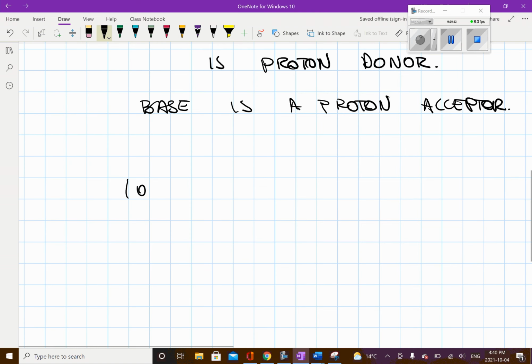So if you have A plus B, the conjugate of A plus B is A minus B. Those two are conjugates of each other. It's the same characteristics with a small change, in math with a negative. And in chemistry, the conjugate base or the conjugate acid is the same thing.